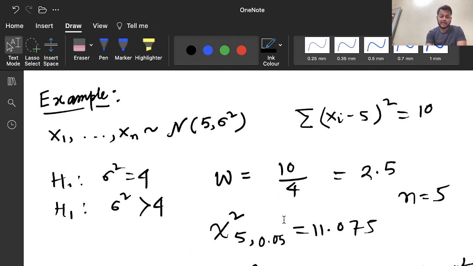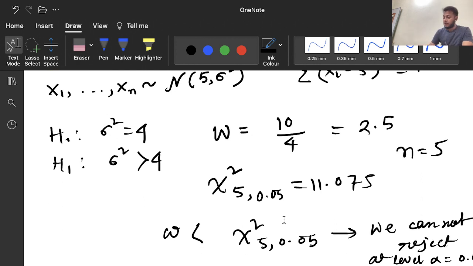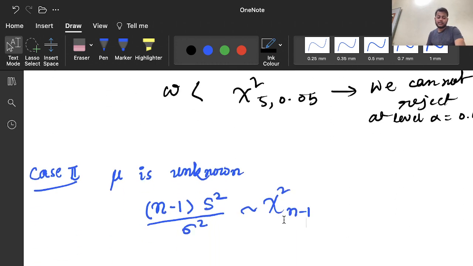Previously our test depends on chi square n. Now my test is chi square n minus 1, so I have to sacrifice 1 degree of freedom.